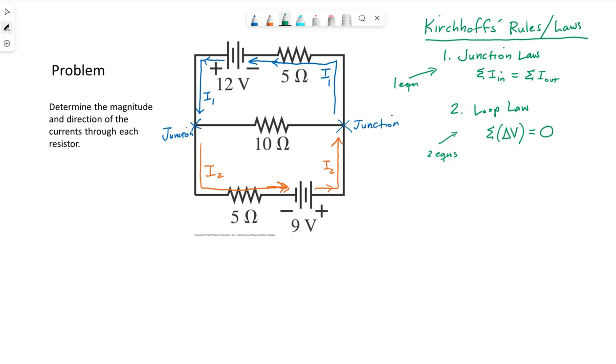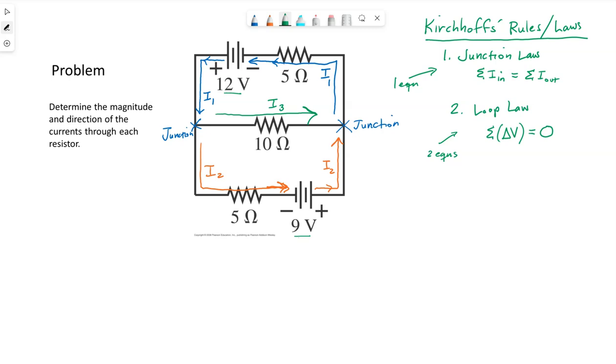I am going to choose to draw the current left to right only because of this 12-volt battery being bigger. I'm going to assume then the current I1 is bigger than I2 because that's a 9-volt battery. So if I'm wrong, that's okay. I will find out from my math.